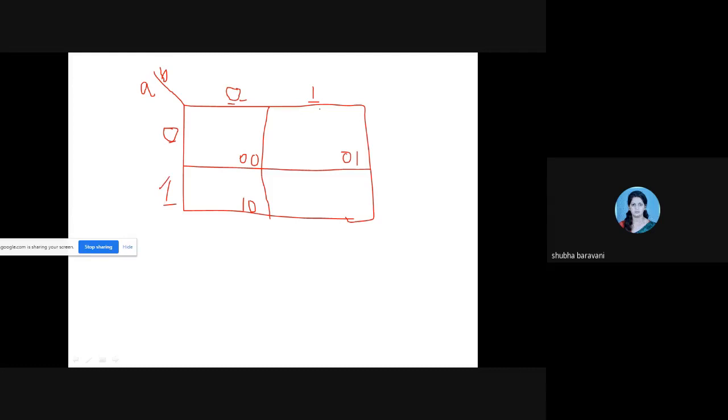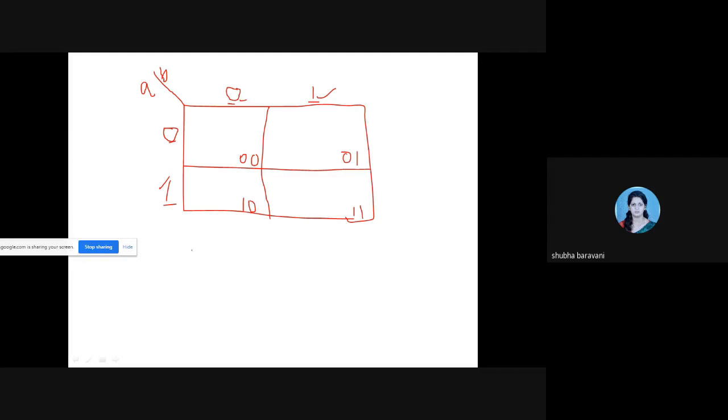This 1 and this 1 means this cell is 1, 1. Understood? This was clear, Prajwal? So this is the first way of representing the truth table.